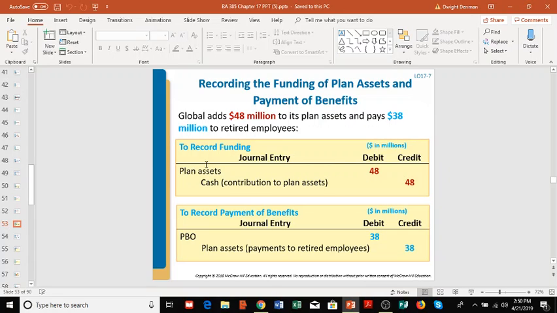But we have to record that as an addition to our plan assets. And then, of course, we're reducing our PBO by the amount that we pay out in benefits to retired employees. Here it's 38 million.